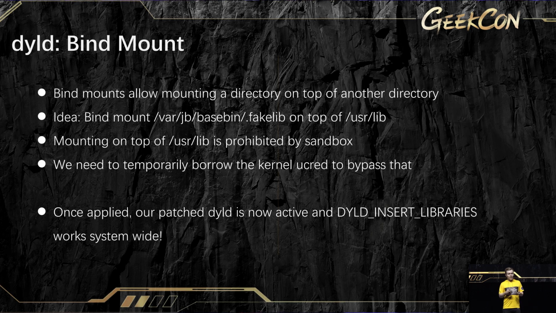But we have PPL read-write already, so we can simply temporarily borrow the kernel user credential and replace our own process's user credential with it, then do the mount, which will work because the system thinks we are the kernel. And then the bind mount has been applied. After this, any newly spawned process will use our patched dyld, which will allow DYLD_INSERT_LIBRARIES.